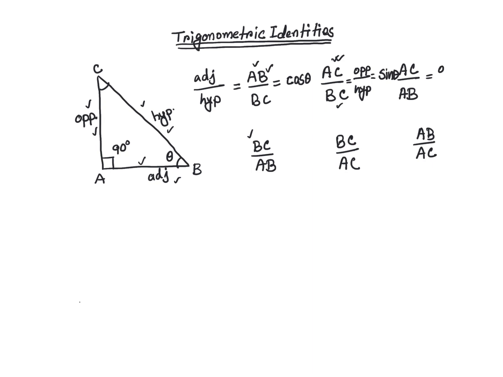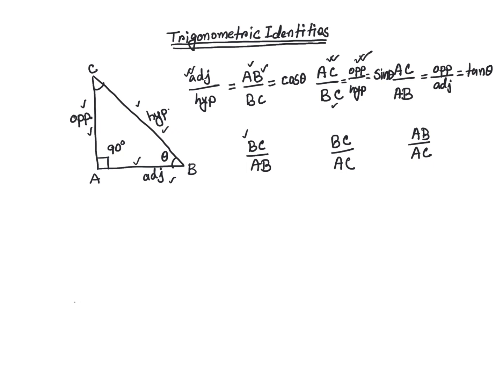So we are going to have opposite over adjacent, which is what you are going to call tangent of theta. Tangent of theta. Just one quick observation. If you take this ratio and this ratio, so let's say we divide this ratio by this ratio, you get opposite over hypotenuse. And let me just quickly show you on the side.